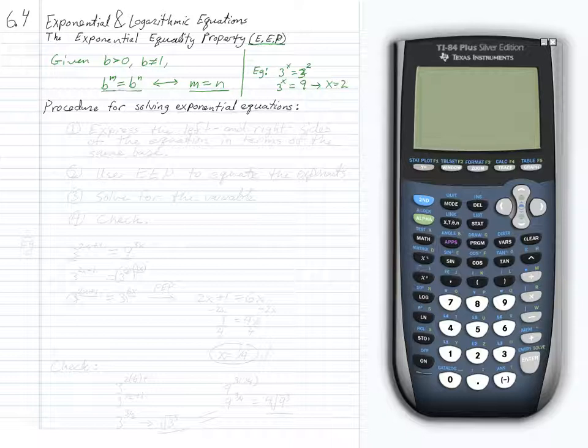So, the way that we are going to use this property to solve an exponential equation, that is, an equation where the unknown value is in the exponent, is first we will try to express it as the same base on each side.